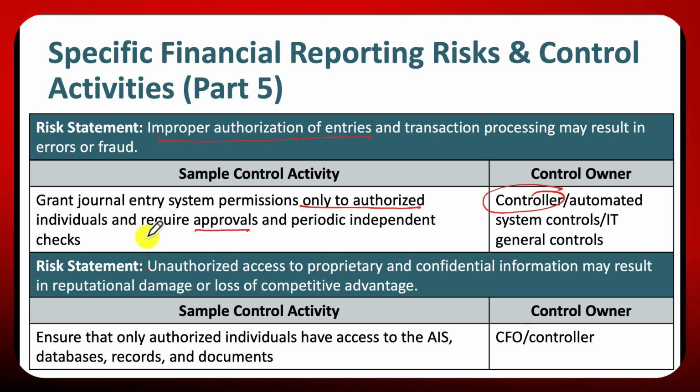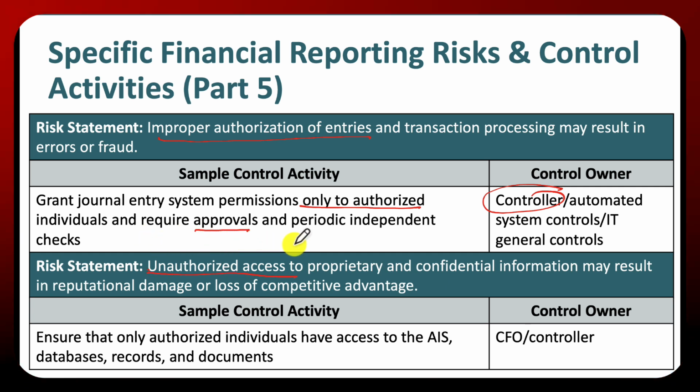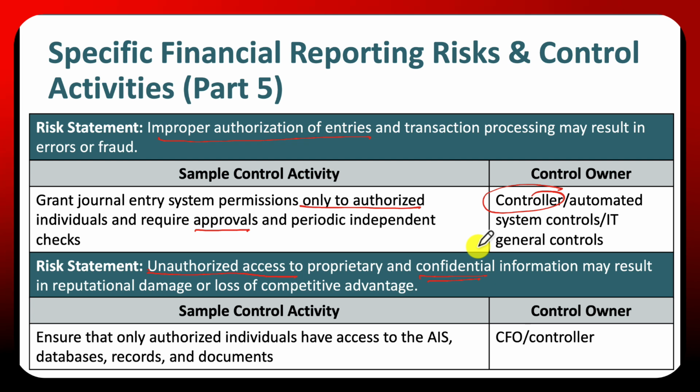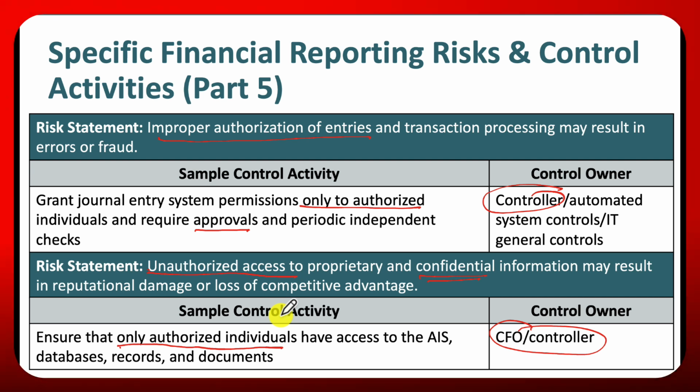Then we might also have unauthorized access to proprietary or confidential information, and that could result in some reputational damage or loss of competitive advantage. In this case, the CFO or the controller would want to ensure that, again, only authorized individuals have access to all of these systems, the AIS or the databases.